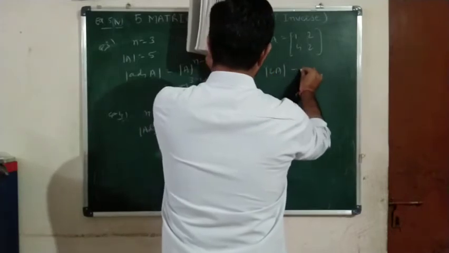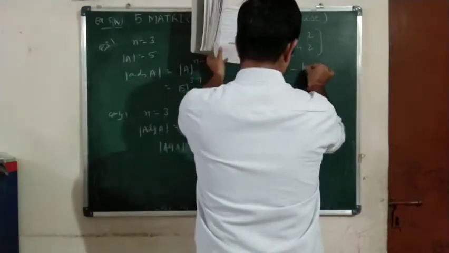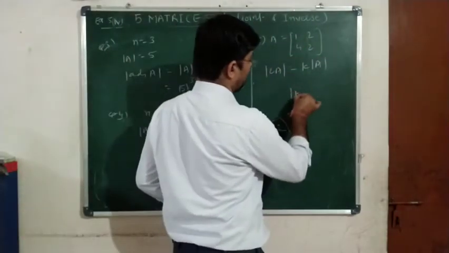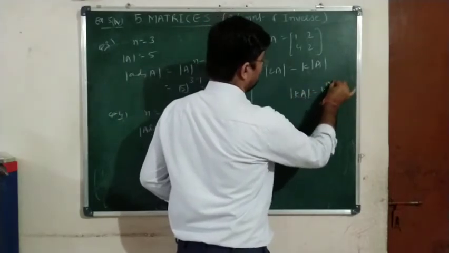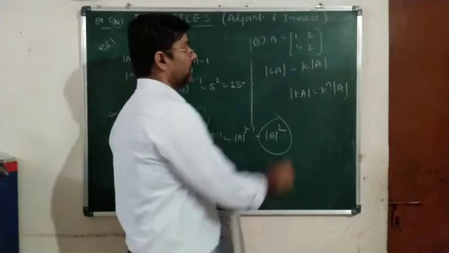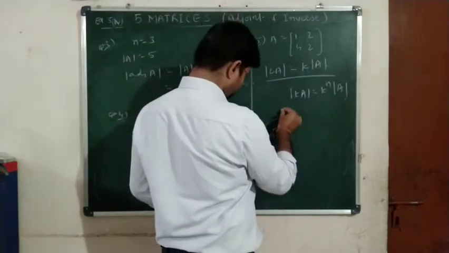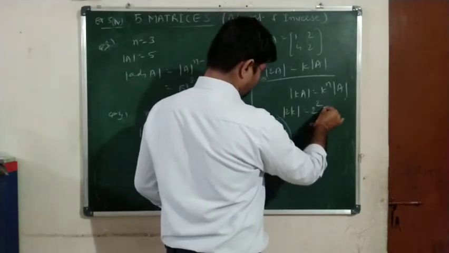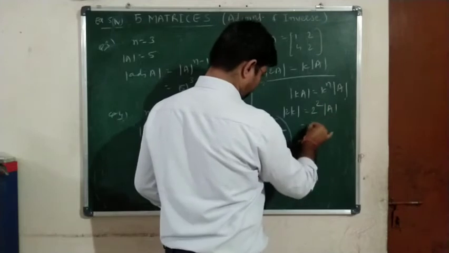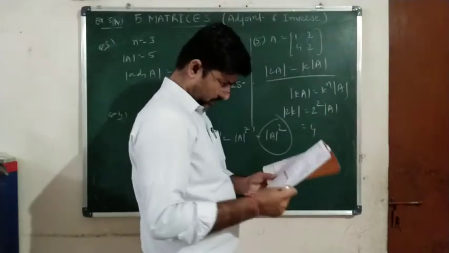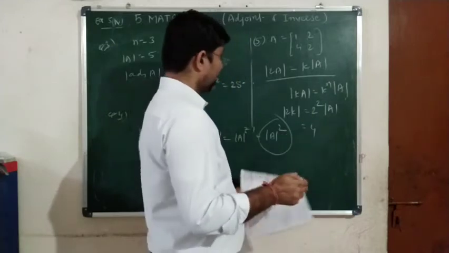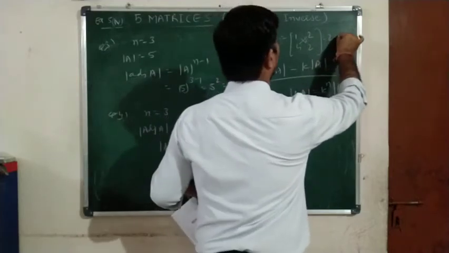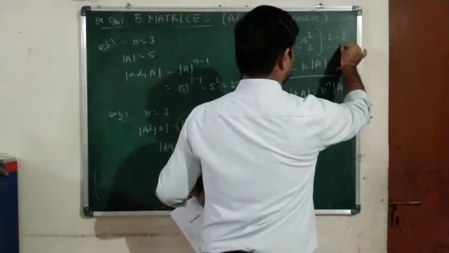If determinant of 2A is equal to 2 raised to k into determinant of A, okay, recall the property: determinant of k into A is equal to k raised to n into determinant of A. So now we will put the value over here. 2 raised to k is equal to 2 raised to 2 into determinant of A. So 2 raised to 2 is 4, and determinant of A we can calculate it. So determinant of A will be 2 minus 8, so minus 6.